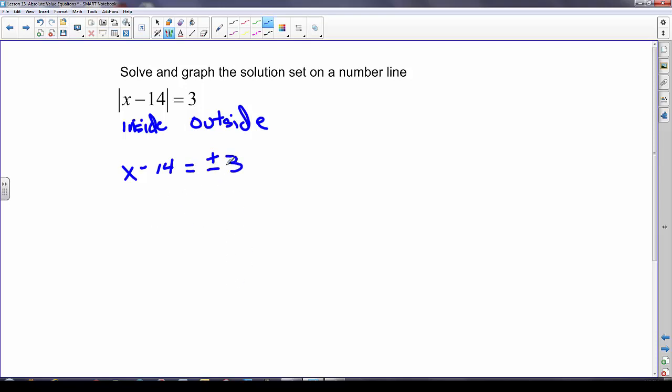Well, in this case, I have 2 actual equations that I have to set up. One is x minus 14 is equal to the positive 3. And then the other one is x minus 14 is equal to negative 3.